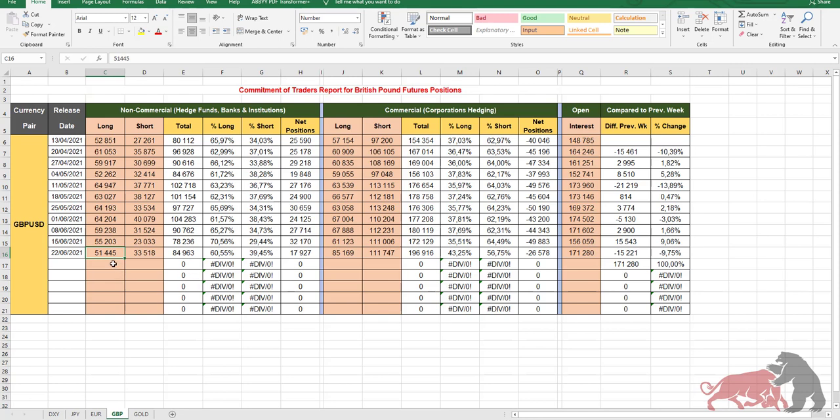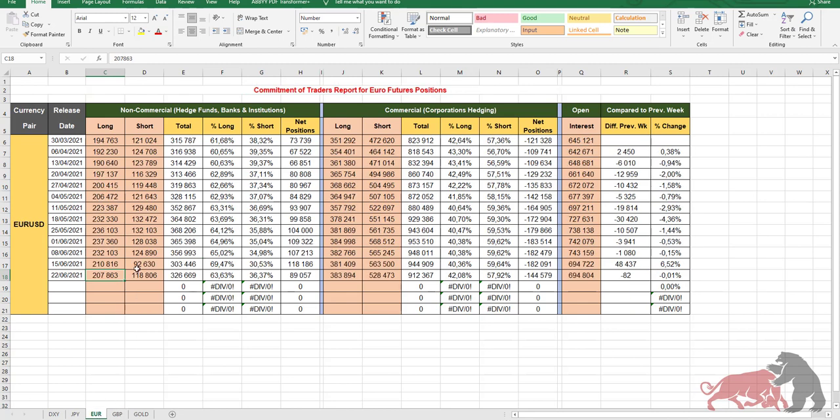So the non-commercials on pound USD, they are holding roughly about 51,400 long positions. They've taken profit as of last week. And then the short positions, this is now interesting.